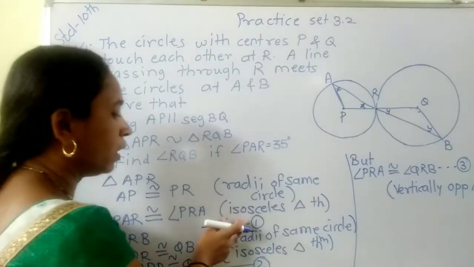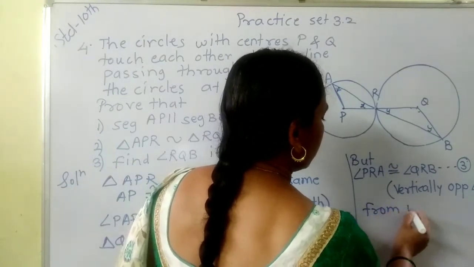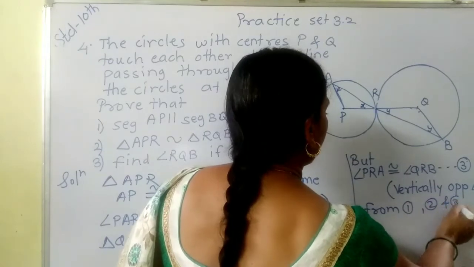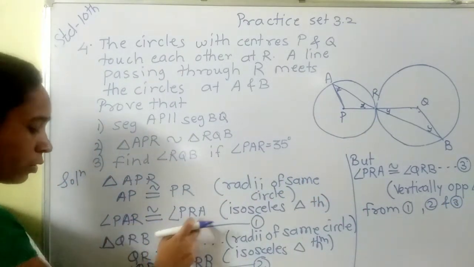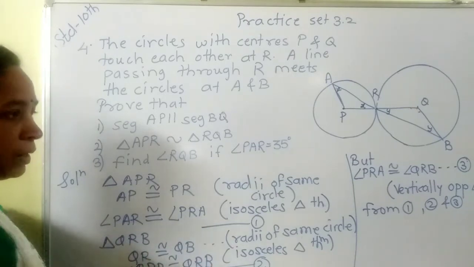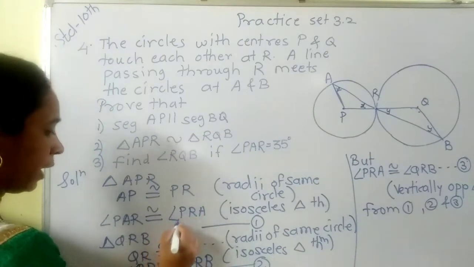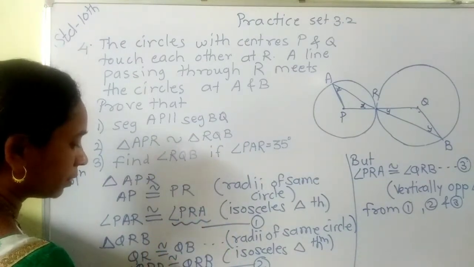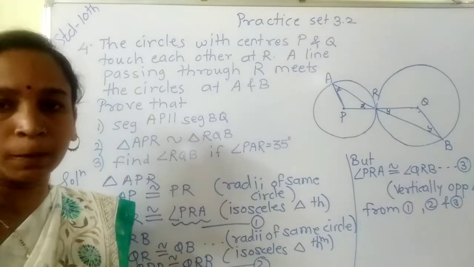Now from 1, 2 and 3. From 1 and 2, what have we got? PAR and PRA are congruent. QBR and QRB are congruent. But in the third, we have said that angle PRA and angle QRB, the right sides of these two equations, are congruent.